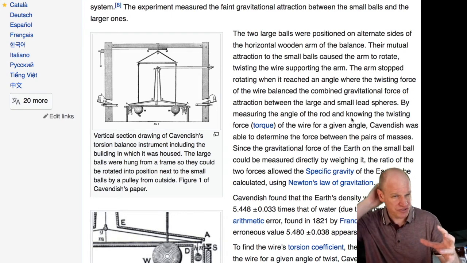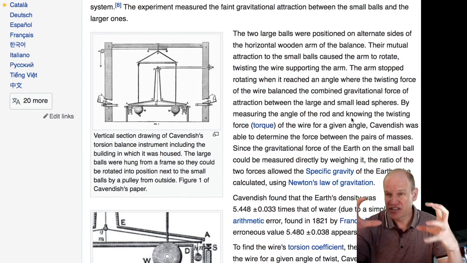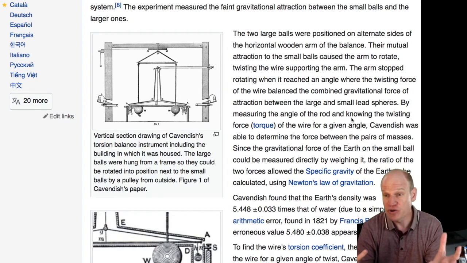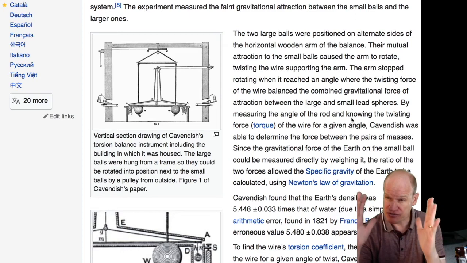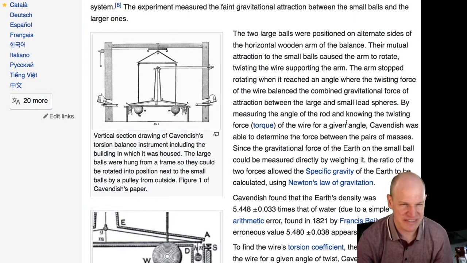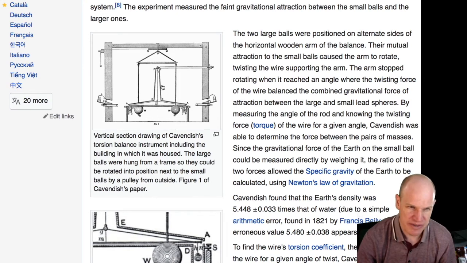And then when you want to balance the gravitational force to the torsion fiber force, you already know what the torsion fiber force is, and so you can measure the deflection of the balance by moving these small masses, or in this case, moving the large masses relative to the small masses that are suspended by the torsion pendulum.